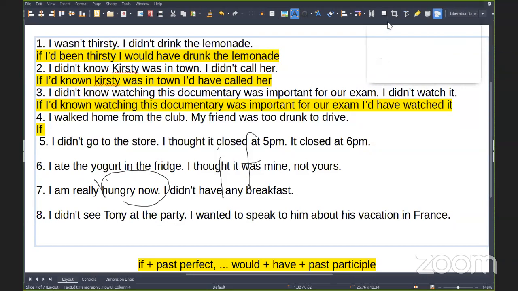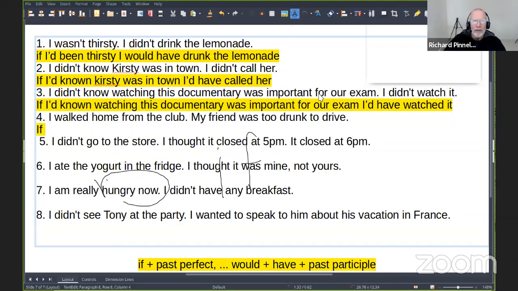If my friend wasn't too... What's happened on that screen? Hold on one sec. I can't get rid of it. Let's stop this a minute. Something strange happened on my screen.